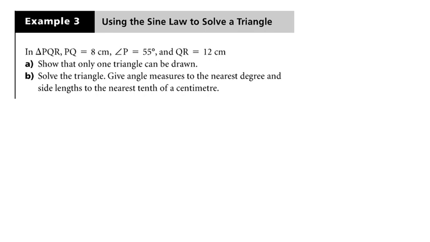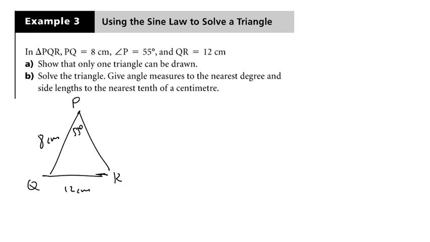Alrighty, so example 3 wants us to do triangle PQR. So again, let's just draw a generic PQR here. And they tell us that PQ is 8 centimeters, angle P is 55 degrees, and QR is 12 centimeters.